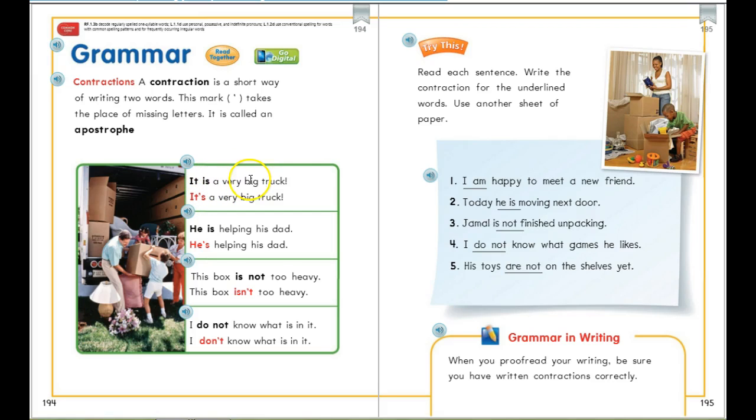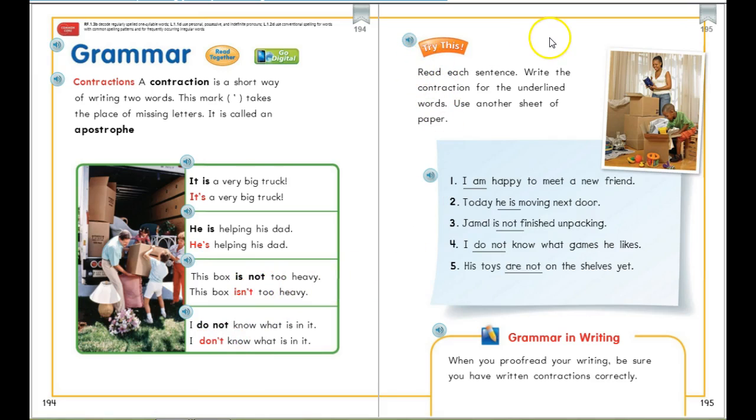So it is a very big truck becomes it's a very big truck. He is helping his dad changes to he's helping his dad. This box is not too heavy becomes this box isn't too heavy. I do not know what is in it becomes I don't know what is in it. In each of these, you can figure out which letter was replaced by the apostrophe.